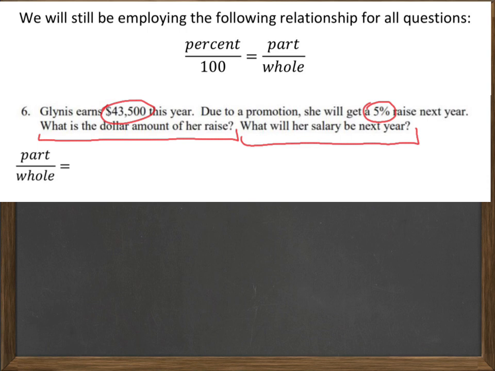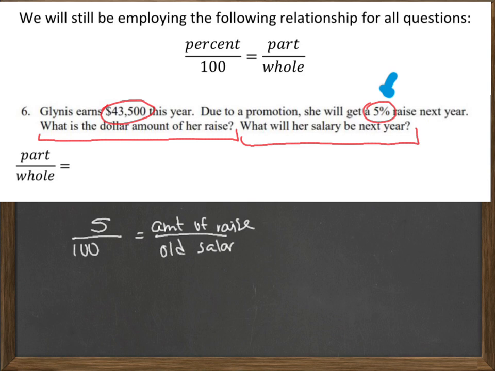The first thing I see is that she has a 5% raise. So I know it's going to be 5 over 100 is equal to something over something. What is that? Well, the 5% is the amount that she gets, the extra money, divided by her old salary.